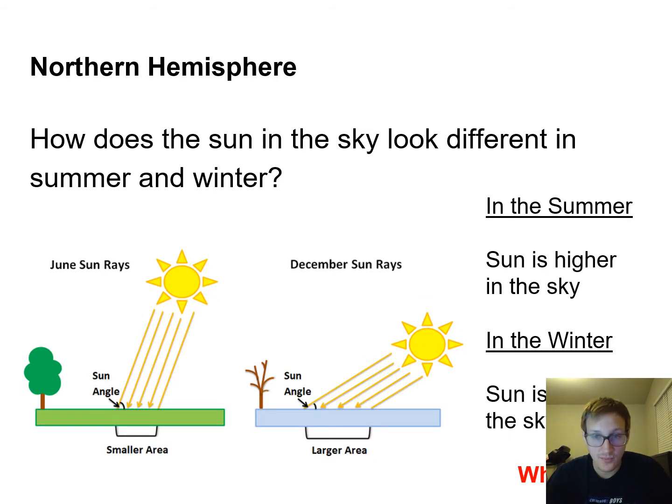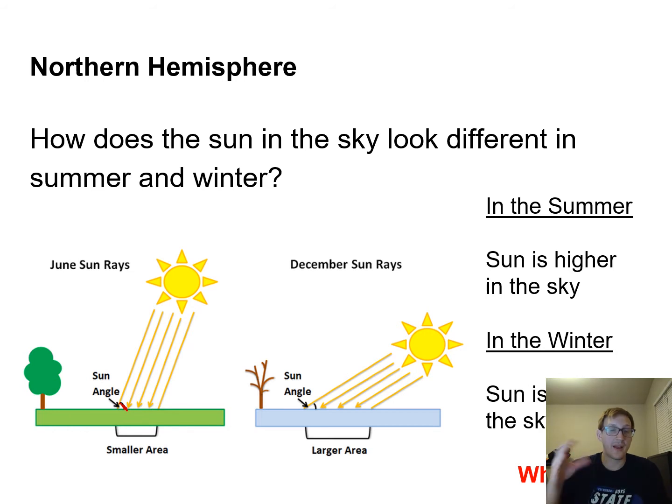Due to that, we get different kinds of angles on the rays that hit our Earth. So you'll notice that for our June, let me see if I can get my pen to work here. In our June, our angle right here is going to be higher.